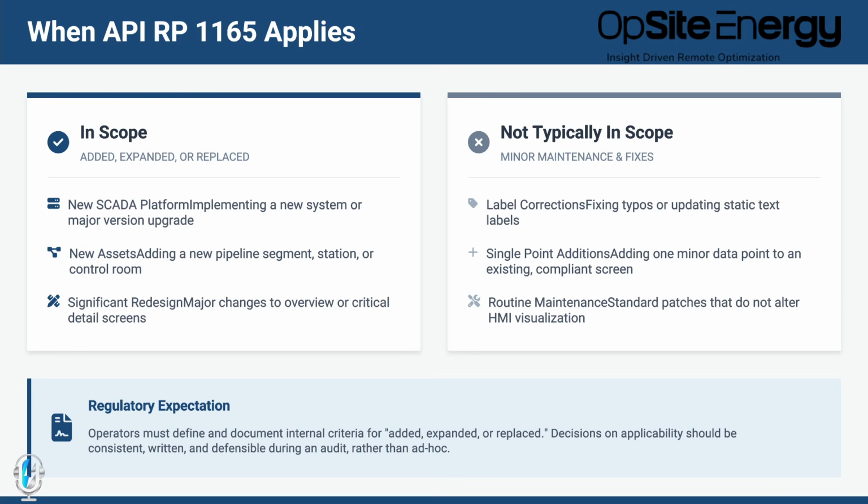So say you have something that's incorrectly displayed, or say you're adding a new point, you have to look at that from the guidance perspective of how that impacts. Because maybe it's not typically in scope. You're maybe adding a new point, right? But does it hit symbols, colors, and that interface for the controller as far as it being displayed? All you did was bring in a value that someone can display, but it still falls within the guardrail of not impacting the in-scope items.